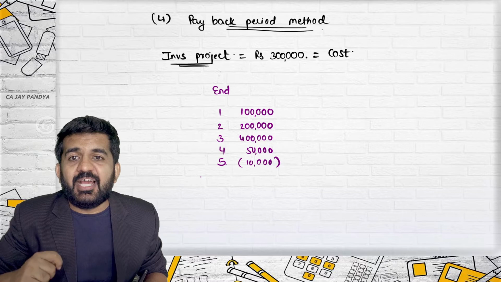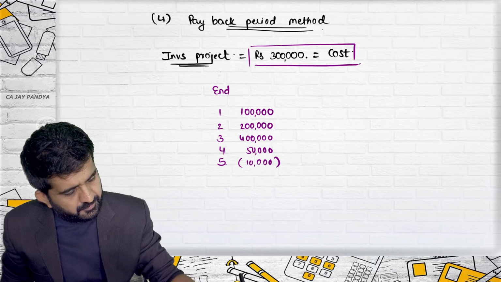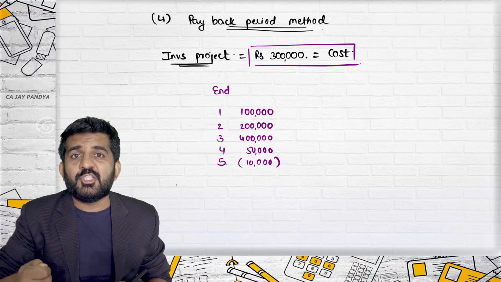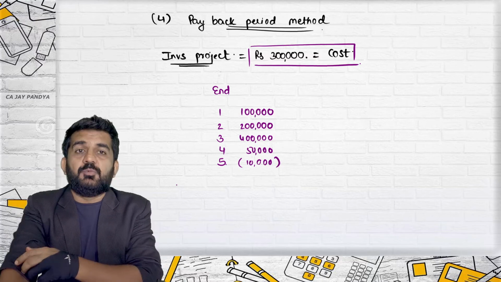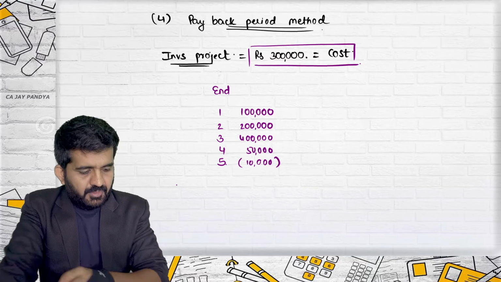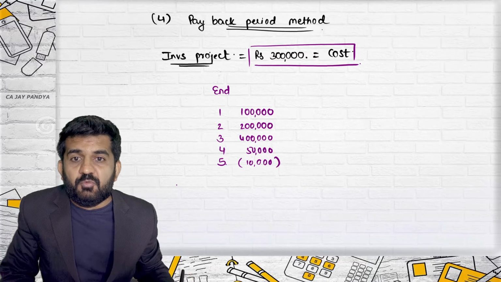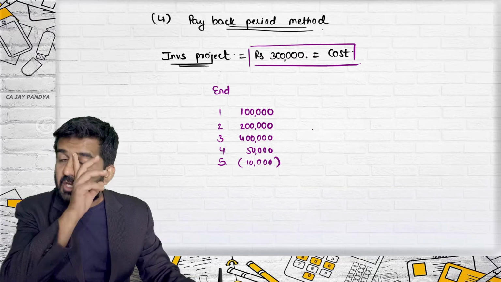How much money have I invested in the project? 3 lakh rupees. If I ask you, without the time value of money, that is without discounting, when will your initial investment of 3 lakh rupees be recovered?